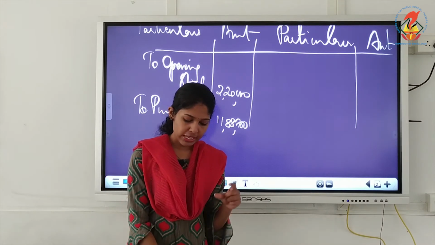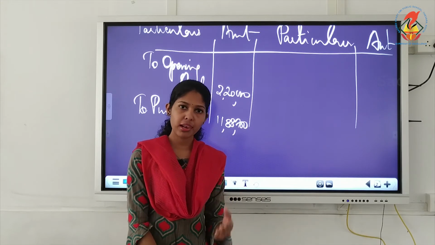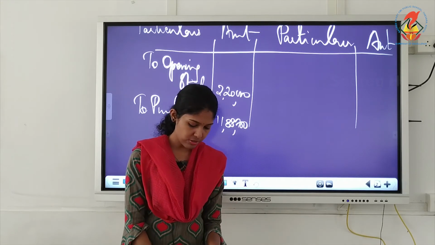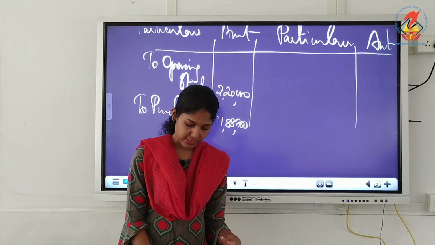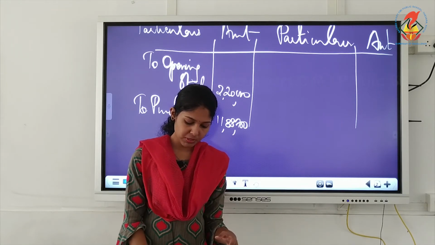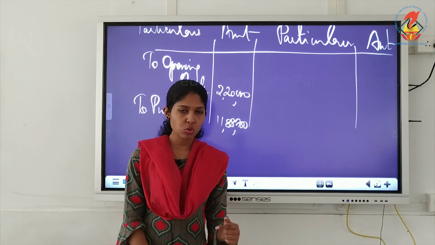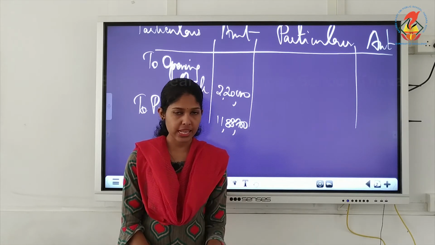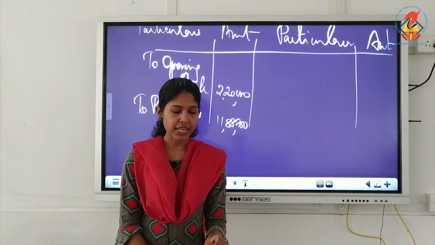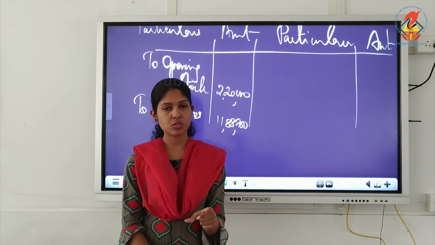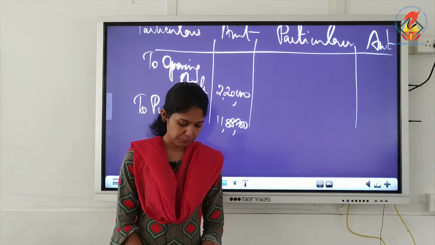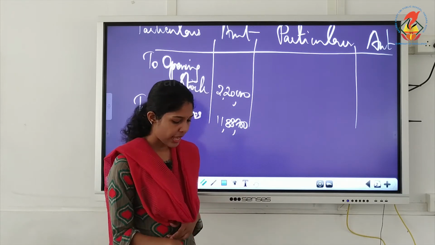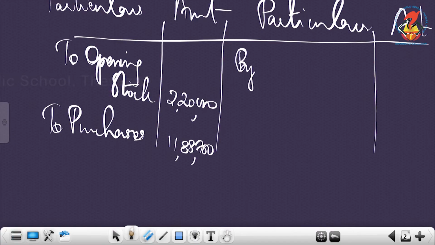Go through each and every item inside the trial balance. Then after that you have to go through adjustments also. So here we don't have any direct expenses. If you see, there is an item like carriage outwards, which is indirect, whereas simply carriage or carriage inwards means it is direct expense that you can record. But here there is no direct expense, so we will move on to the credit side.